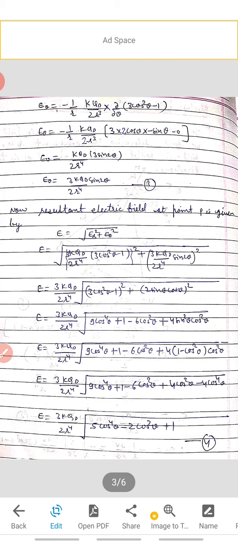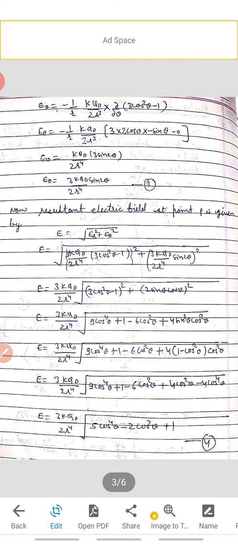Then we get E is equal to under root of (3KQD divided by 2R power 4 into (3 cos square theta minus 1)) whole square plus (3KQD divided by 2R power 4 into sin 2 theta) whole square.